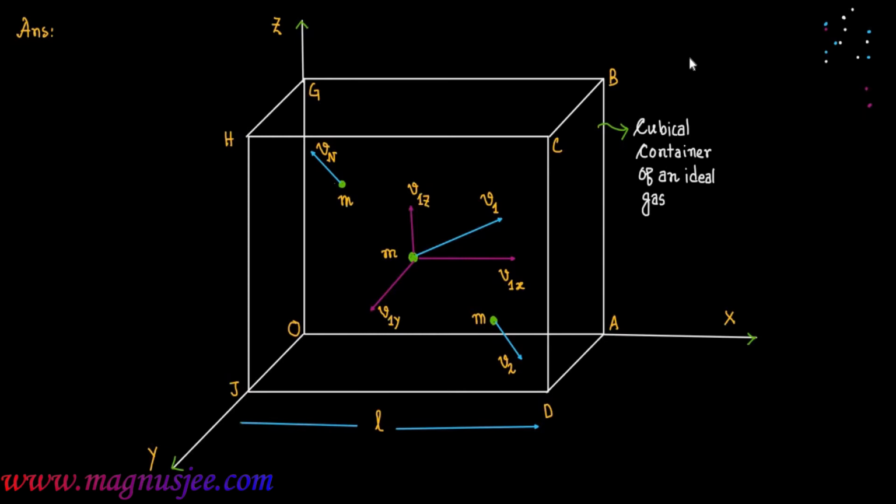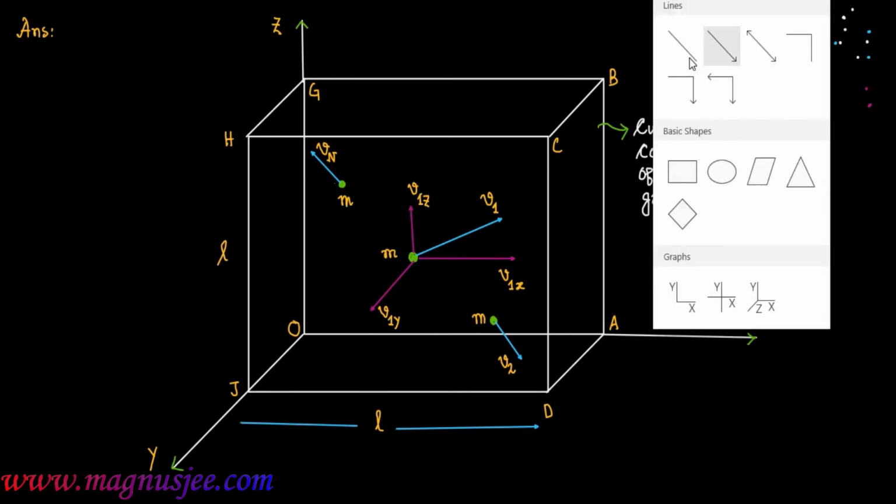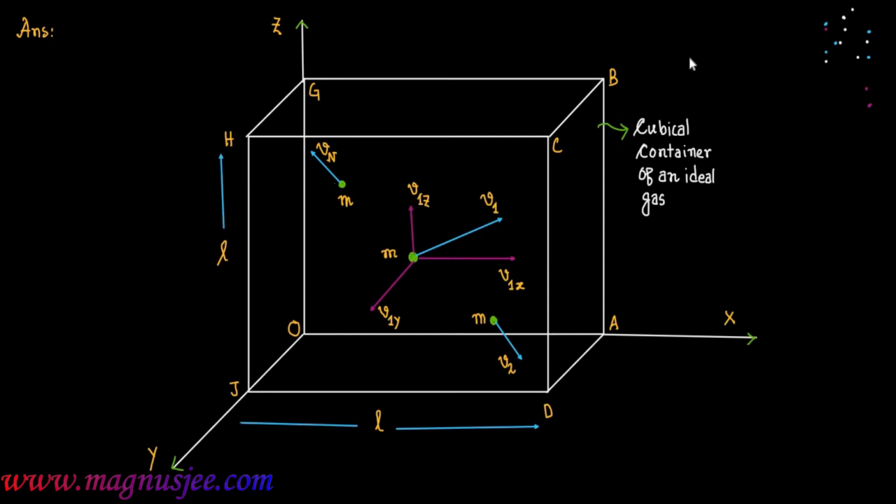So L is the length of the plane DCHJ, and we can denote the length of the other sides of the cubical container. L is the length of each side of the cubical container.